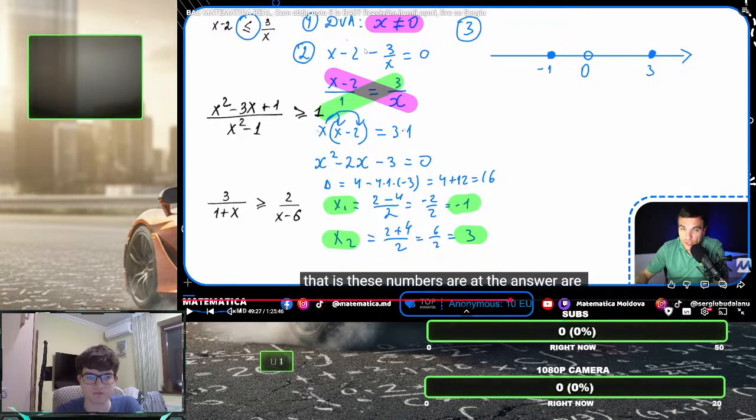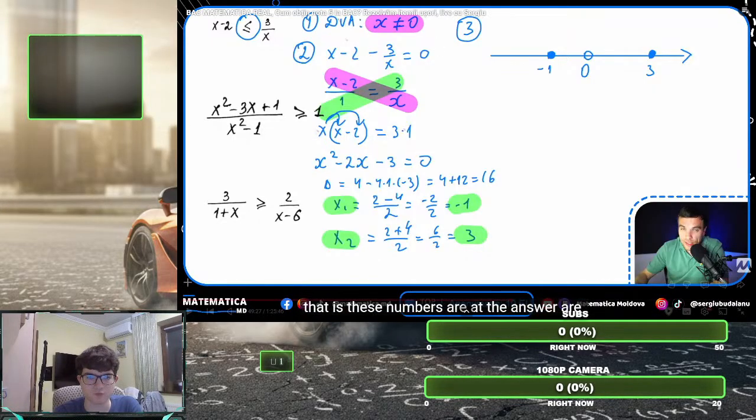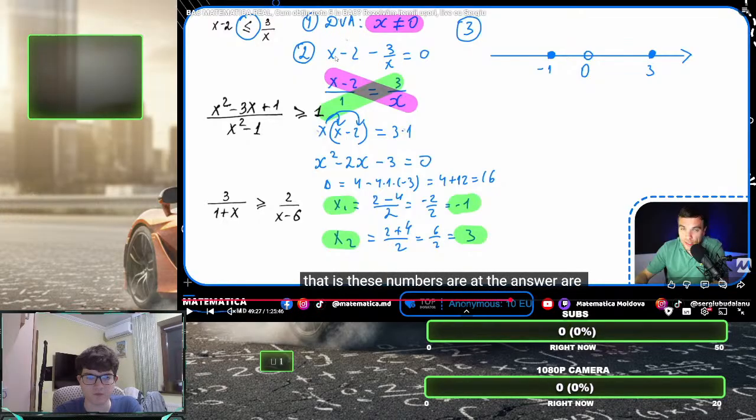So I'll substitute the number into the expression. 1 minus 2 is minus 1, and minus 3 divided by 1 is minus 3. Minus 1 with minus 3 is minus 4. So minus 4 is smaller than 0.